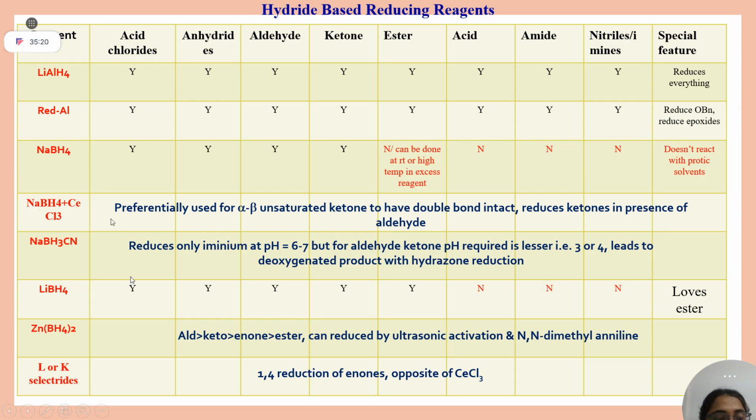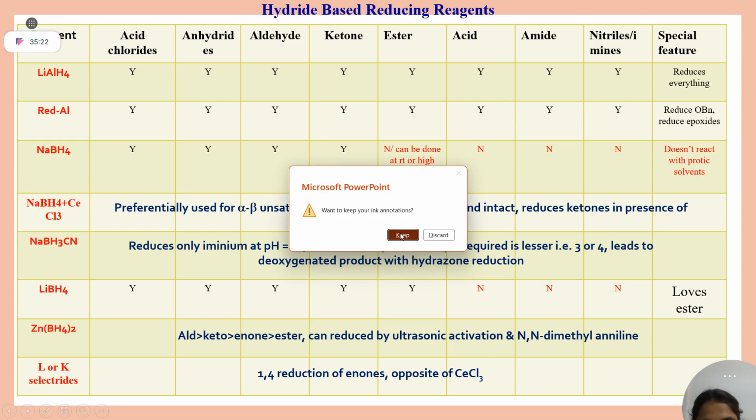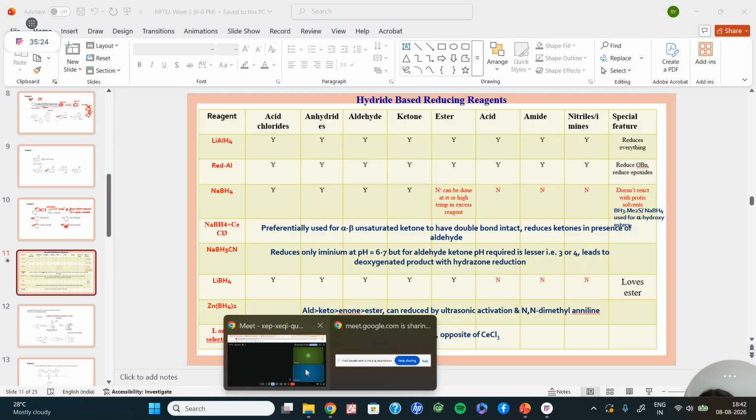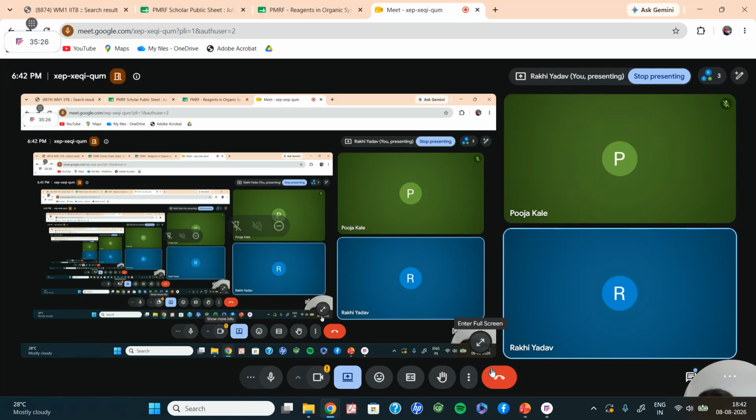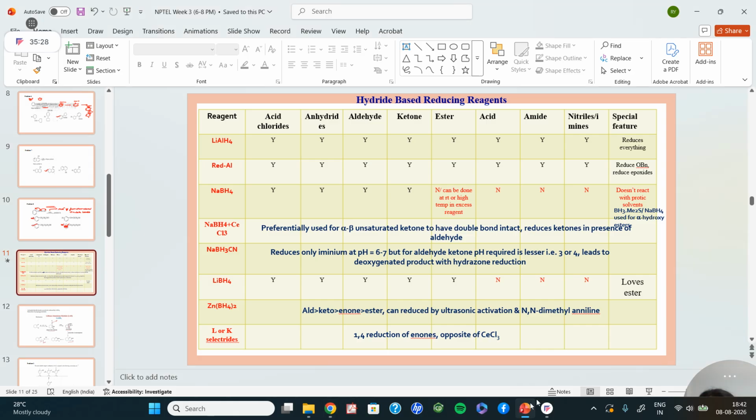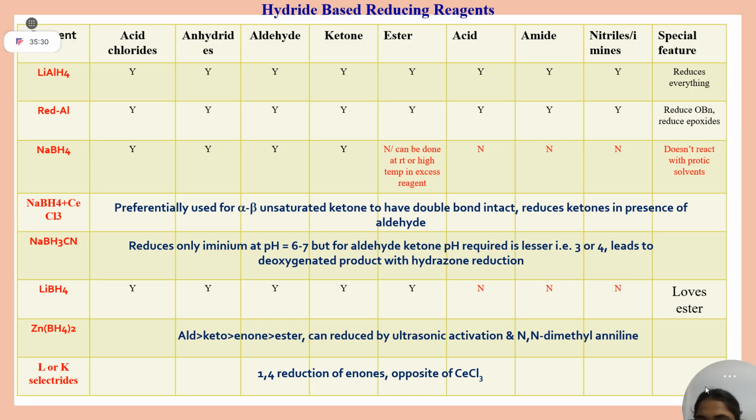Okay, LiAlH4. Why have I written this reagent on top? Because this reagent can reduce every functionality nearby to it. I mean that it should be a carbonyl compound.